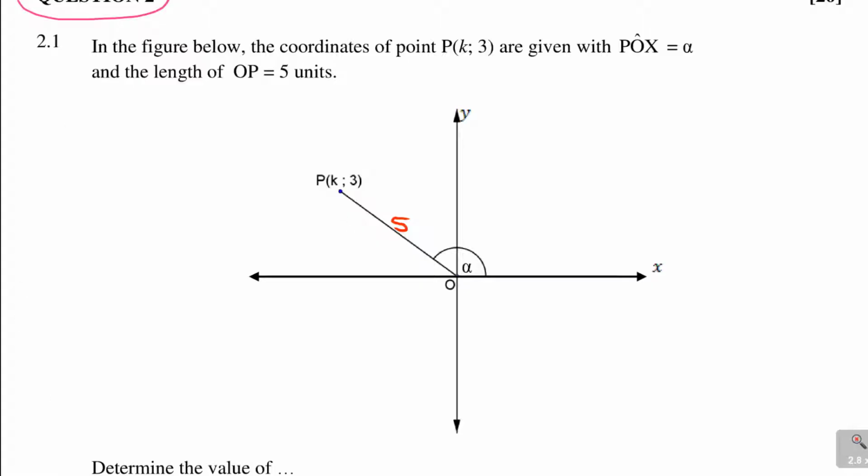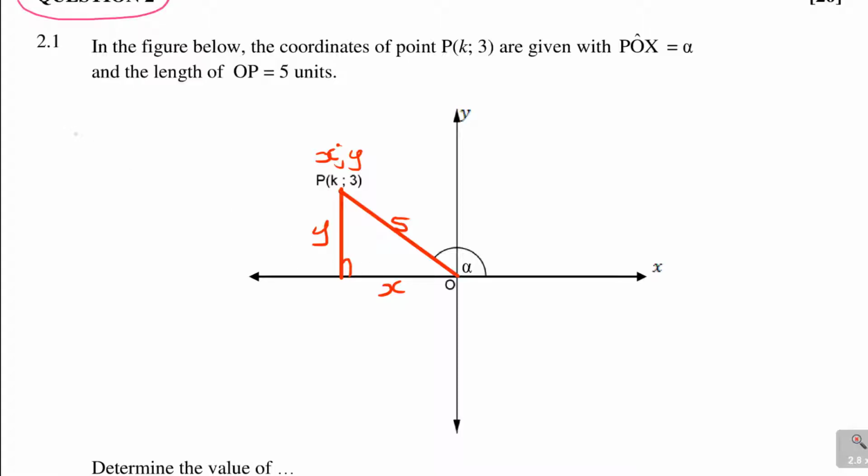So what they are saying, guys, is you are given a shape like this. In this, you need to know k is always representing the x-axis and 3 represents the y-axis. So in here, this is your y, this is your x, and you know the Pythagoras because this is 90 degrees.